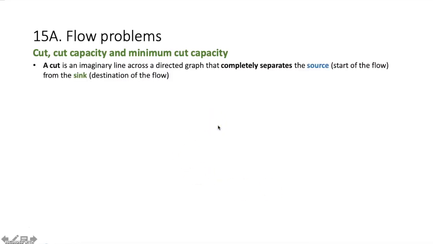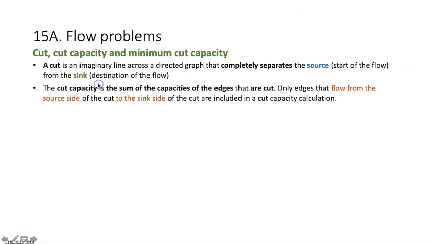Now let's put everything together: cut capacity and the minimum cut capacity. A cut is an imaginary line across a directed graph that completely separates the source from the sink. The cut capacity is the sum of the capacities of the edges that are cut.